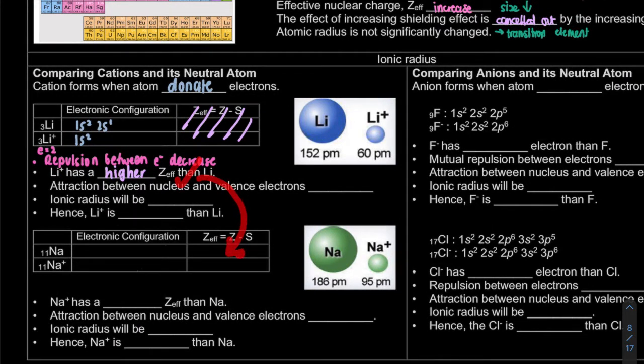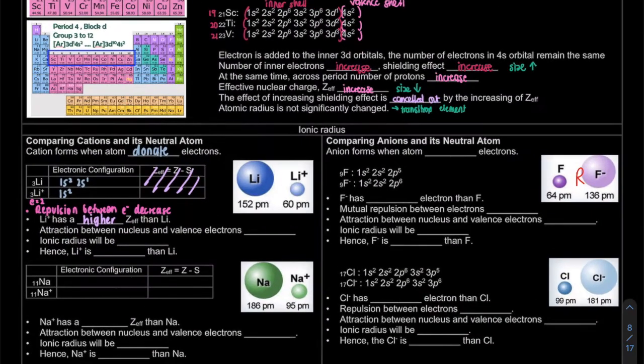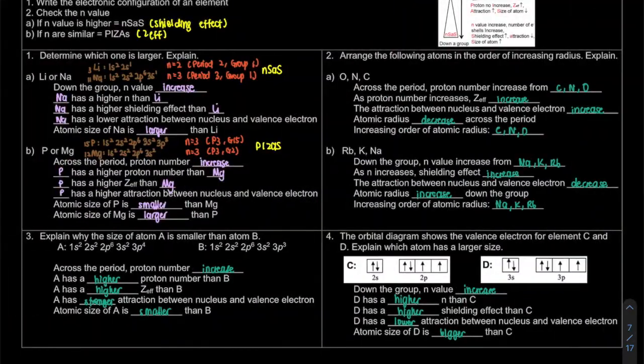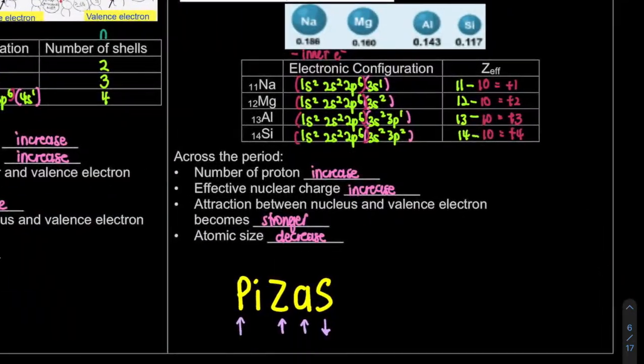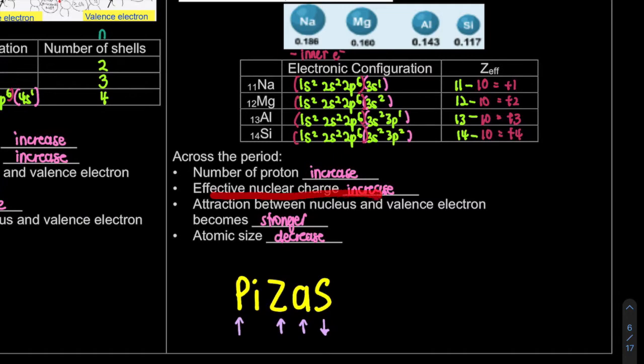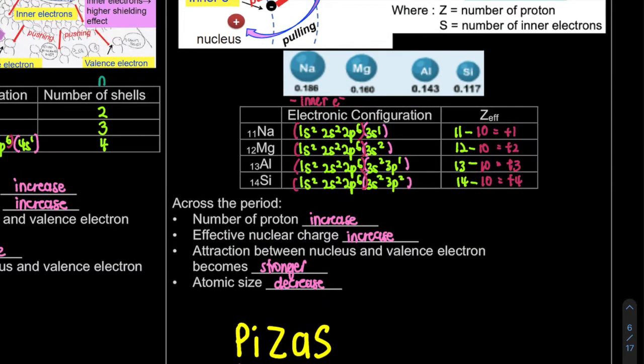It will be much clearer to you lah. When we're talking about effective nuclear charge, maksud dia adalah the positive charge of the nucleus.